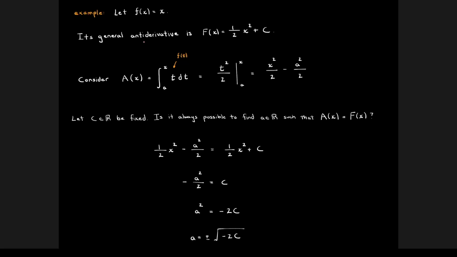Next, I would also like to take a look at an example to illustrate this idea further. Let's take as an example the function f of x equals x. Its general antiderivative can be found by using the power rule for integration, where you add 1 to the exponent and you divide by the new exponent. And so the most general antiderivative of this linear function is 1/2 x squared plus c.